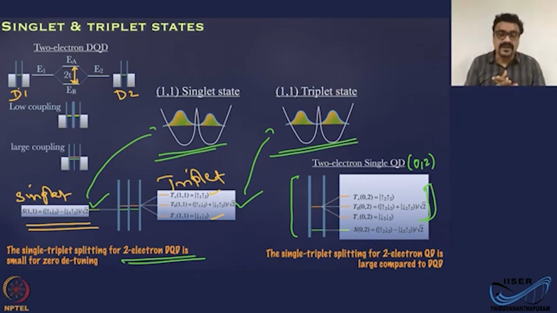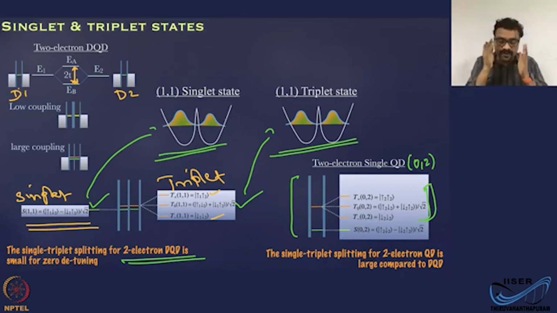Okay, so there is a crucial difference that you need to remember to understand one of the very crucial phenomena which happens in the double quantum dot system, that is spin blockade. So just remember, the singlet triplet splitting for a double quantum dot system, the 1-1 configuration, is not really high.